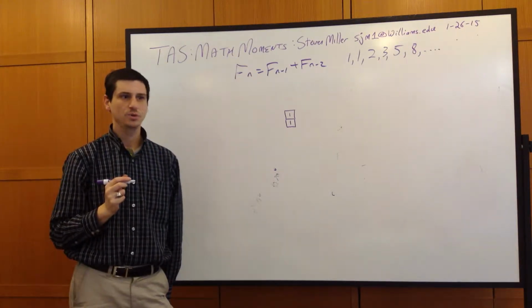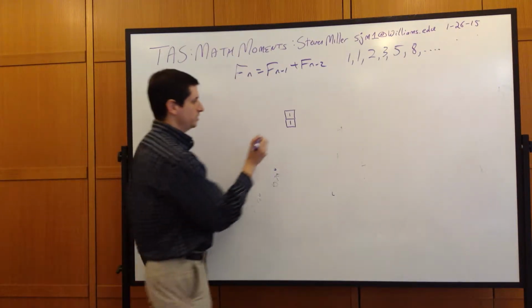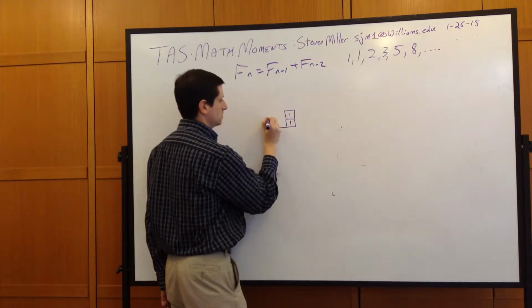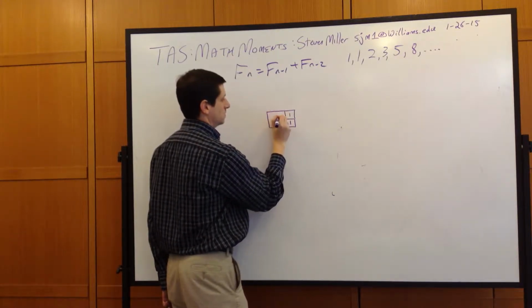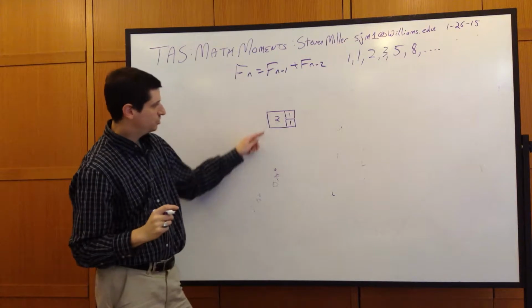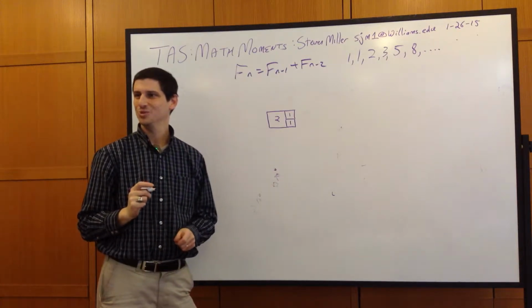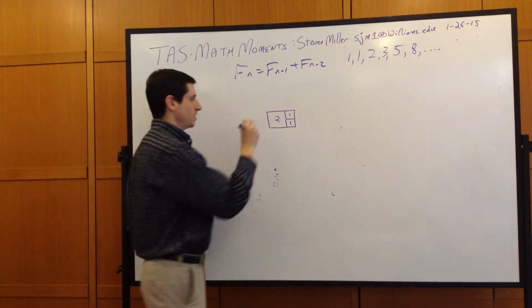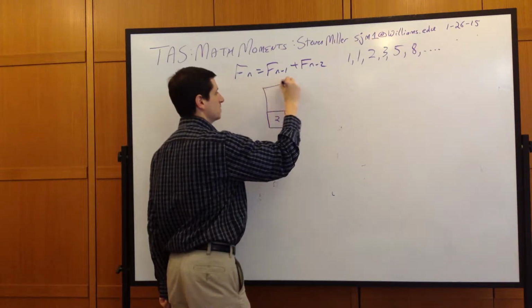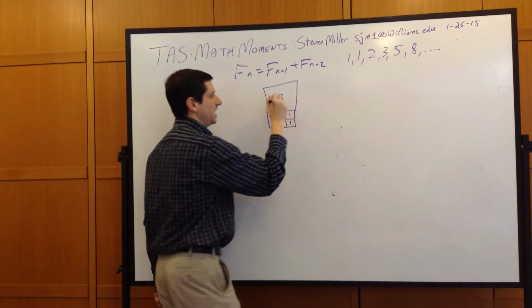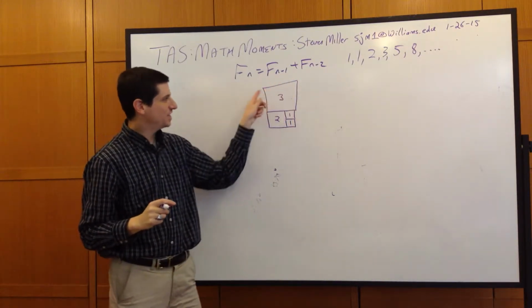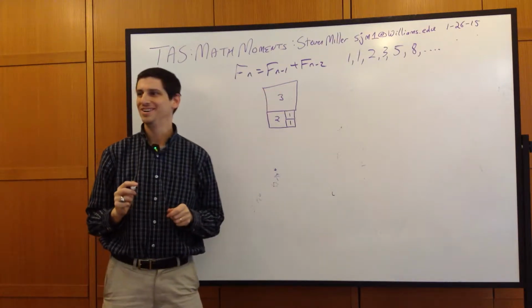So what's the only square I can put in? A 2 by 2. Now I have a 2 by 3 rectangle. What square can I put in? 3 by 3. Now I have a 3 by 5 rectangle.